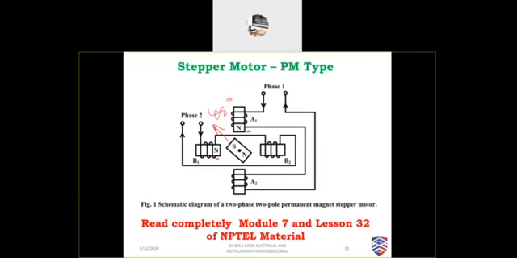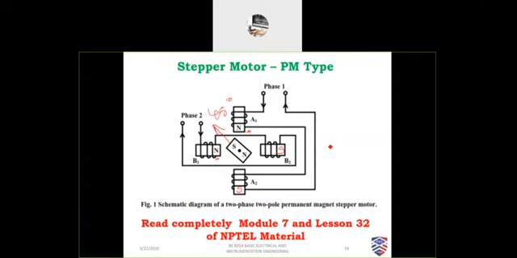Likewise we switch the motor. When this is N, this will become S. When this is N, this will become S. That is not given here, but you see that. Now suppose I remove the voltage from A1, that means there is no pole there, but there is a north pole here, so the south will be attracted here.